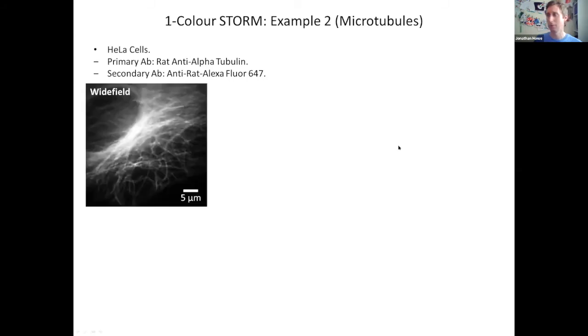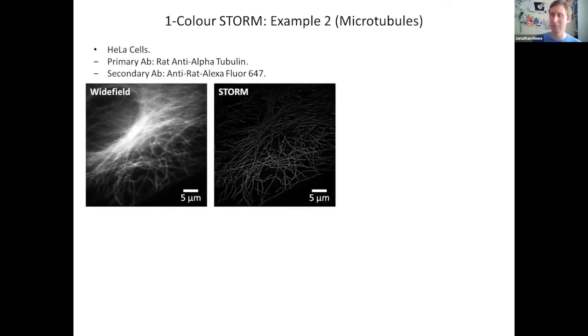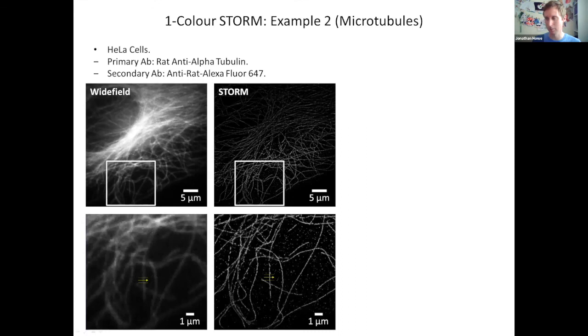Just to give you another example, super-res microscopists always like to show microtubules. So here's an example of microtubules. This now is not TIRF because the microtubules are up higher in the cell, so they're not necessarily in the TIRF plane. So this is a regular wide field image, and the right example is the STORM image. If we blow that up, hopefully you can see that the level of resolution is much higher in the STORM image.